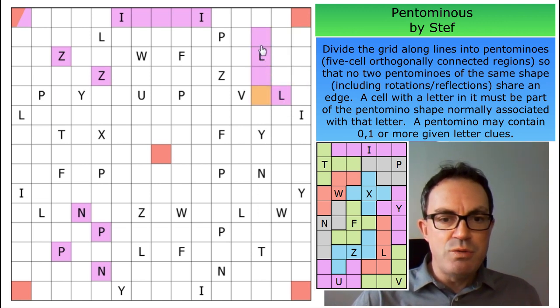So we actually do know what this L is, I think. I think this L has to be that way round. And that gives us another pentomino. So now this I is boxed in on its left side, so it must go up one.